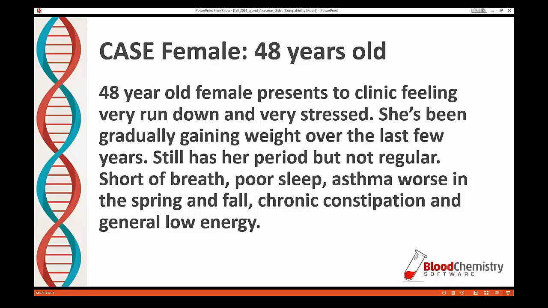She's been gradually gaining weight over the last few years, still has her period, but it's not regular. She complains of shortness of breath, not sleeping very well. She says that she goes to sleep okay, but wakes up at about 3 or 4 in the morning and can't get back to sleep.